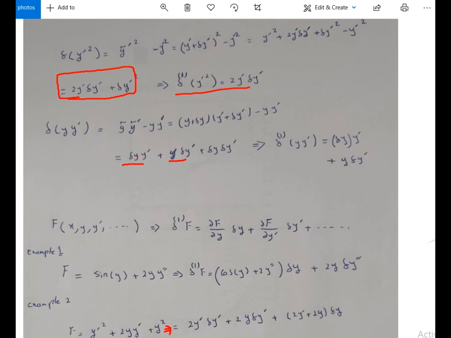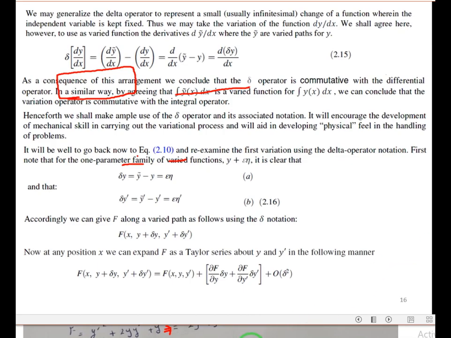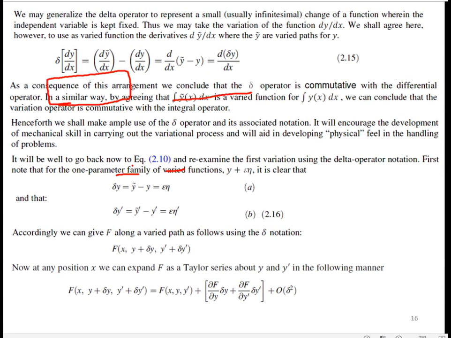Till now, we can calculate the first variation of any arbitrary function f.